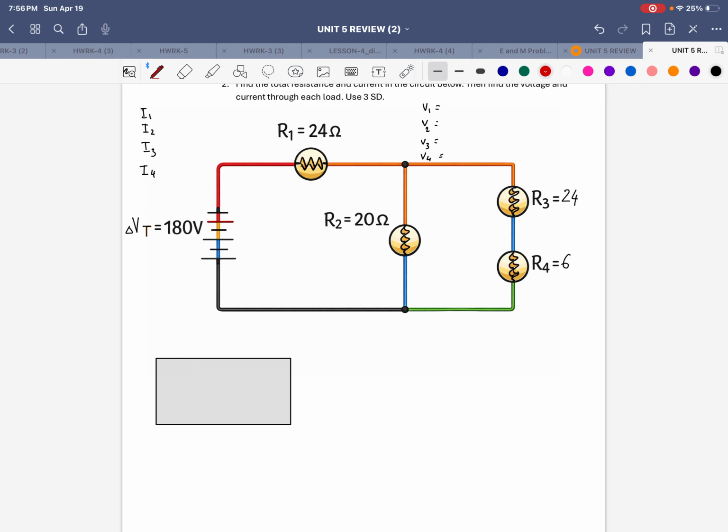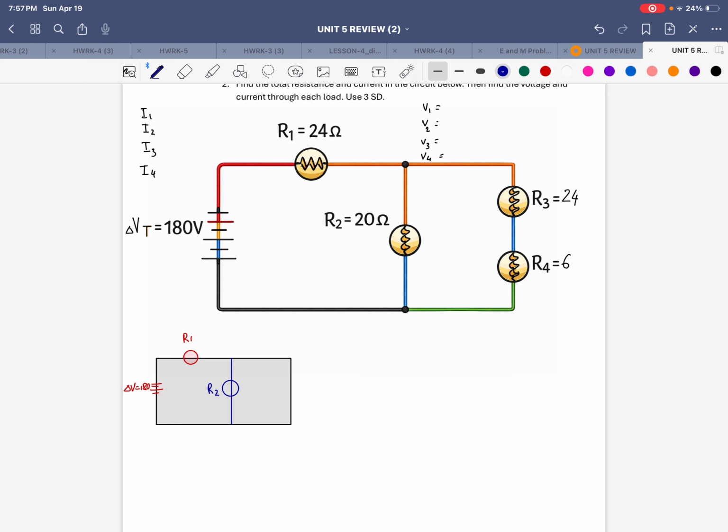So here is the energy source. So delta V is 180 volts here, and we still have R1 right here. We're not doing anything with this. We still have the R2 here, so we're not doing anything with R2.